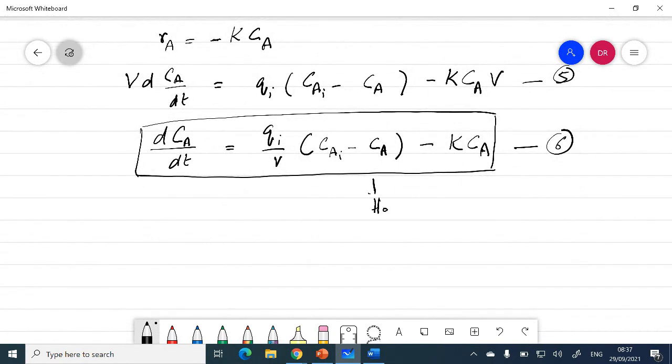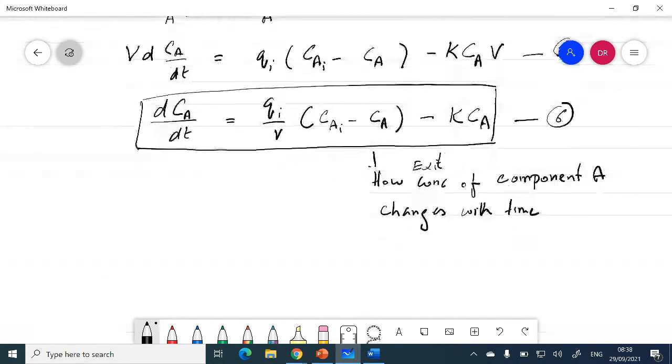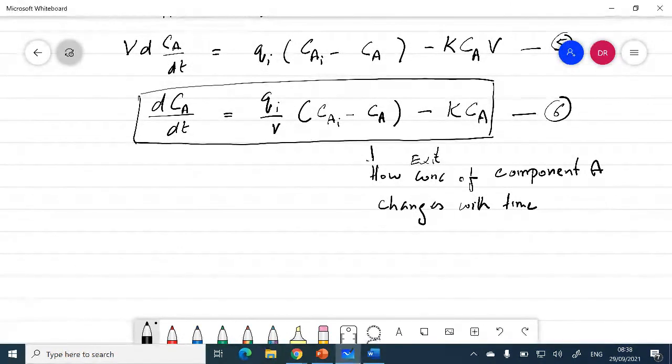It represents how the concentration of component A changes with time. More precisely, this is the exit composition, so how the exit concentration of component A changes with time. That is the final form of the dynamic model.